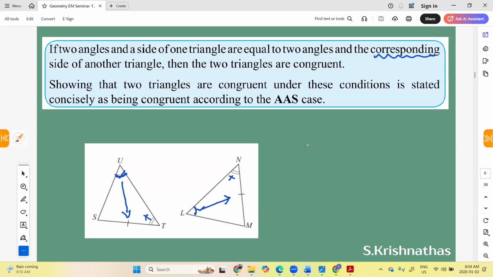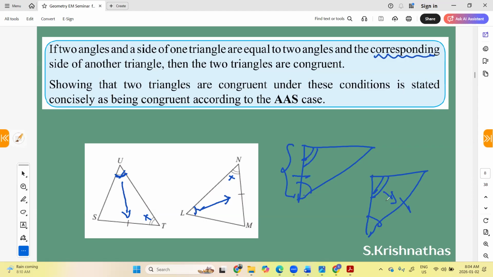In this case, students, these are two triangles. This one equal to this one. This one equal to this one. This side and this side are equal. These are not congruent, students. The reason, not corresponding angle. Here, students, this side is located between these two angles.